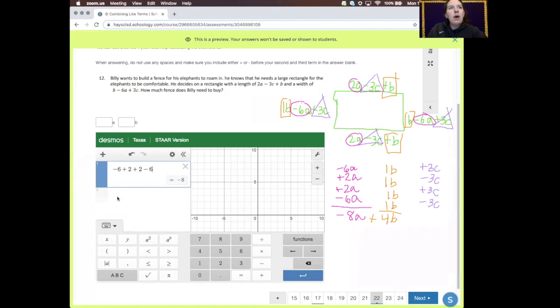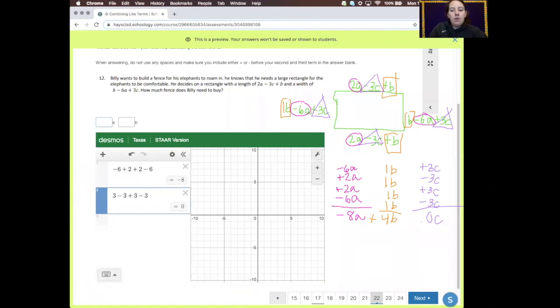Here's why. It's going to make a 0 for our total. So 3 minus 3 plus 3 minus 3, we get 0c. If there are 0 c's, we don't need to write that in our answer because 0 times c makes it go away. So in the blanks, I need to write a negative 8 and a positive 4, so plus 4. Notice my a and my b are already there.